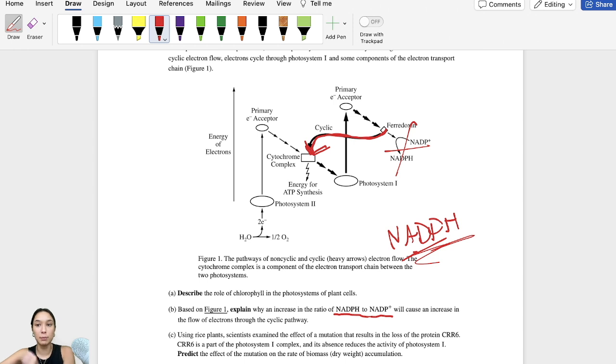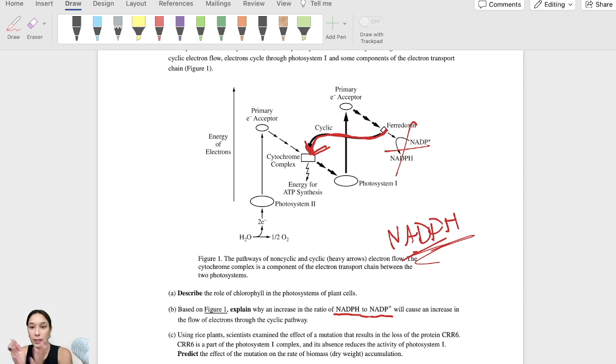There's no NADP plus, or there's a very low amount. So the electron has to go back through the pathway. It has nowhere else to go. It must go back to the cytochrome complex. So that's the reason. You can say that when there is no NADP plus or less NADP plus, the electrons have to go back through the cyclic pathway. It can't continue on because there is no NADP plus.